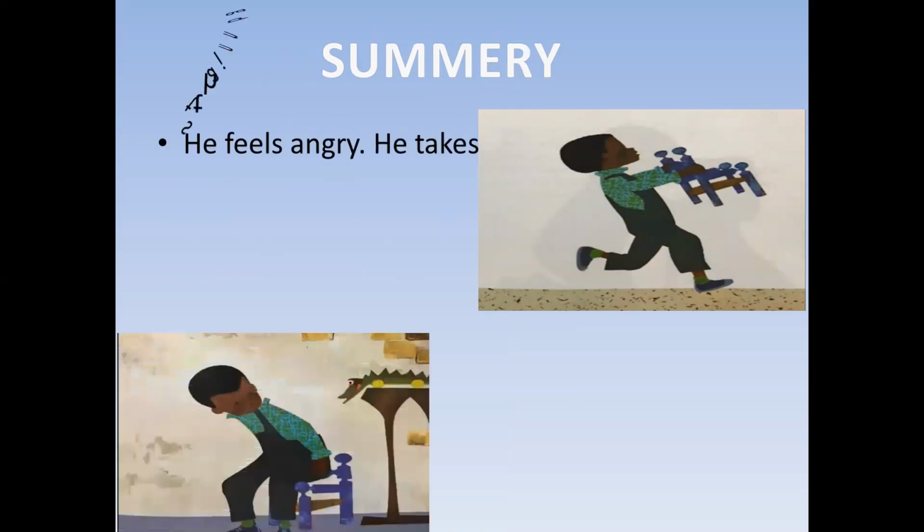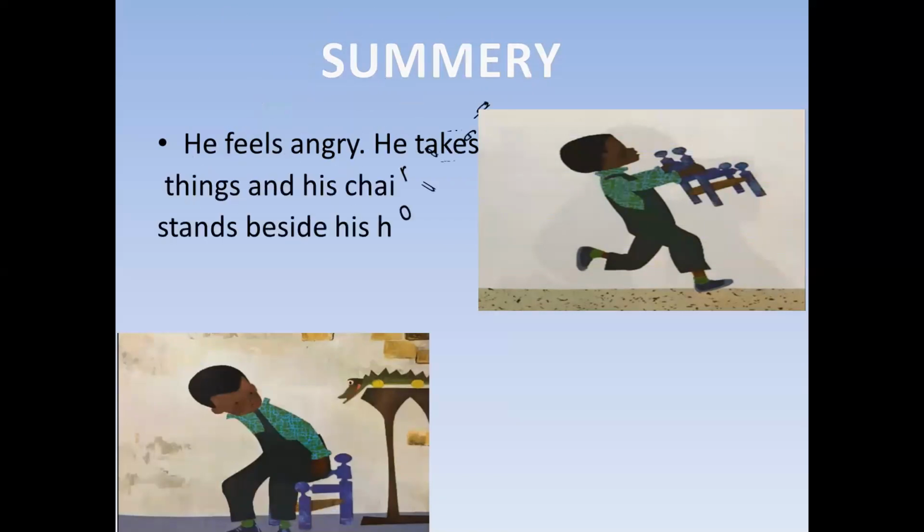He takes the chair and stands beside his house. So he feels angry and he takes his things and his chair and stands beside his house. So he doesn't want to paint the chair for his sister, right? He feels angry, so he refuses.